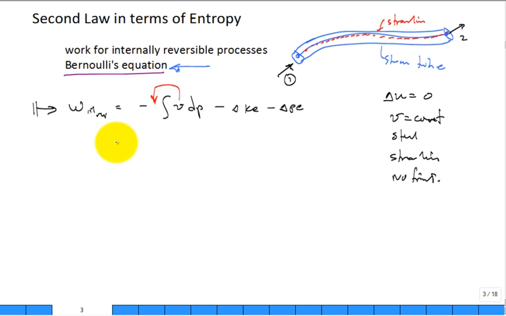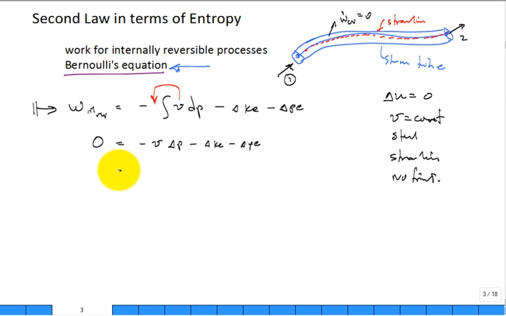So we're going to get the minus the change in the pressure, minus the change in the kinetic energy, minus the change of potential energy. If the stream tube has no work cutting across it, W dot CV is 0, no work going across it.